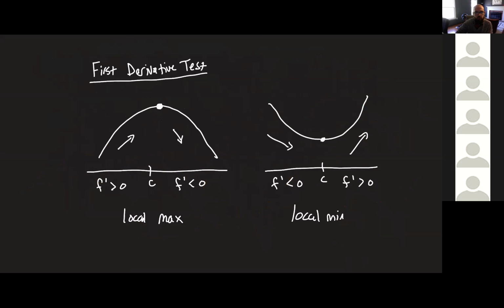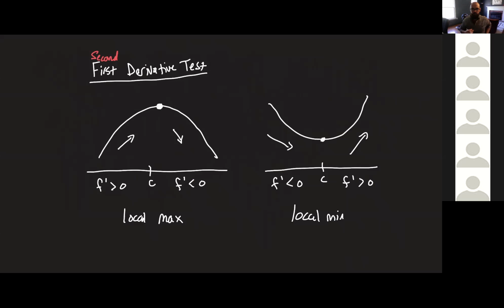One of the things that came up with the first derivative test was this ability to identify local maxes and mins. But what we're going to do now, I don't want to cross out the first derivative test, but in red, we're going to call this also the second derivative test.